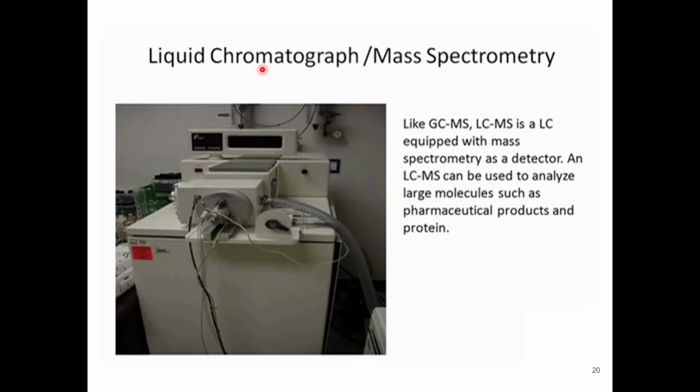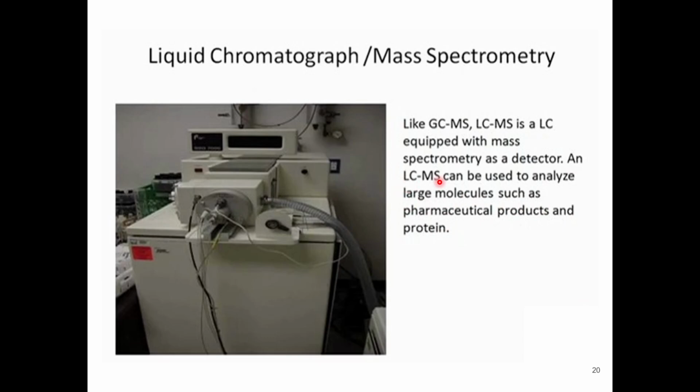Next, let us go to LCMS, liquid chromatography mass spectrometry. This is the equivalent of GCMS in the liquid phase. Like GCMS, LCMS is an LC equipped with mass spectrometry as a detector. LCMS can be used to analyze large molecules such as pharmaceutical products and proteins.